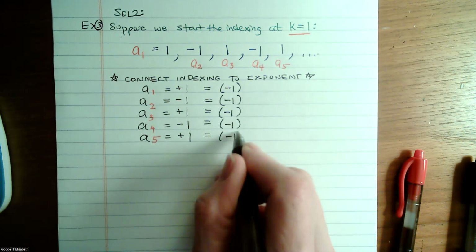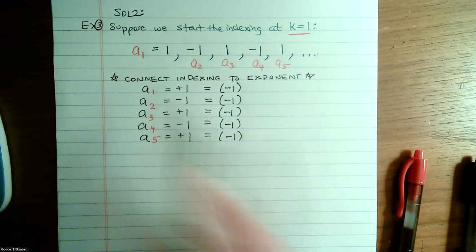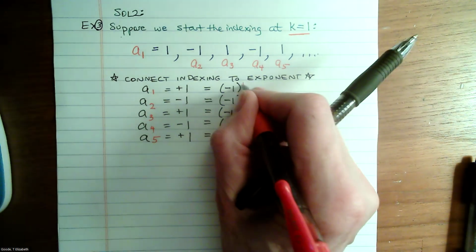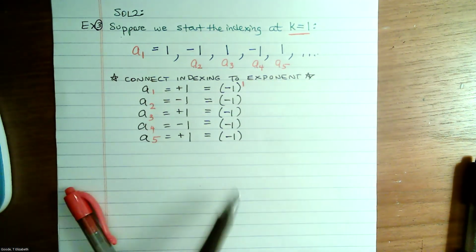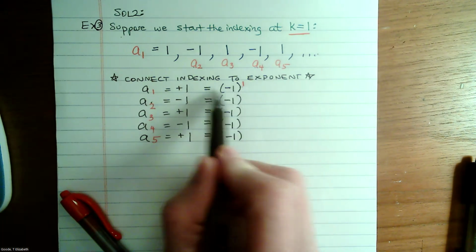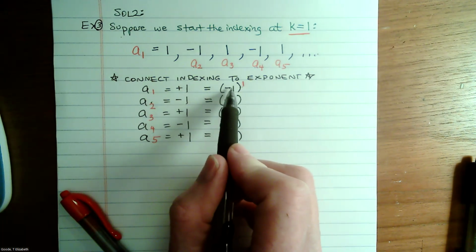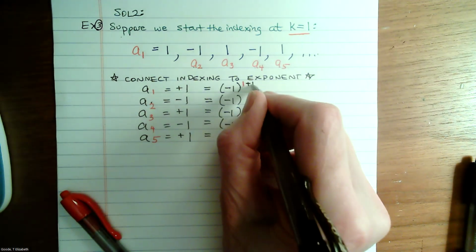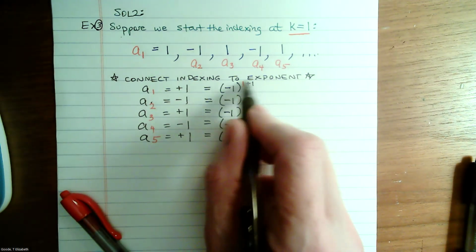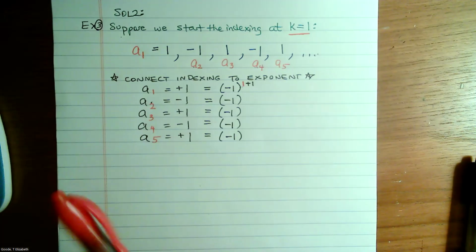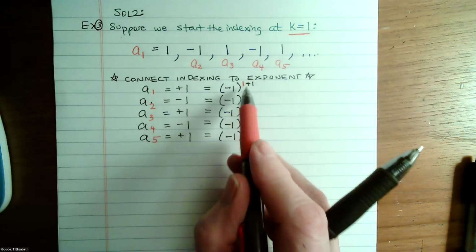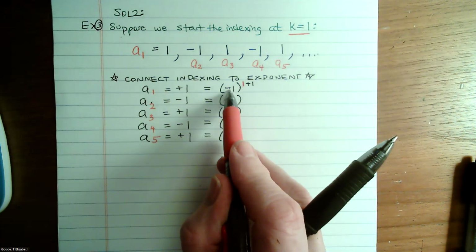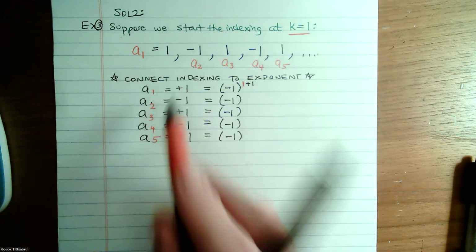So the trick is to say, hey, I can take the indexing number 1, which would make this negative 1, which isn't what I want. We want positive 1. We can just add 1 to that, and that changes that 1 into 1 plus 1, or 2. And that's the correct exponent, because when we square negative 1, of course we get positive 1.